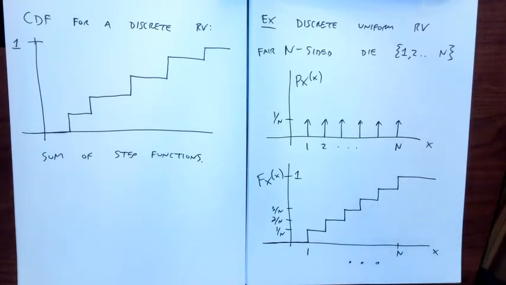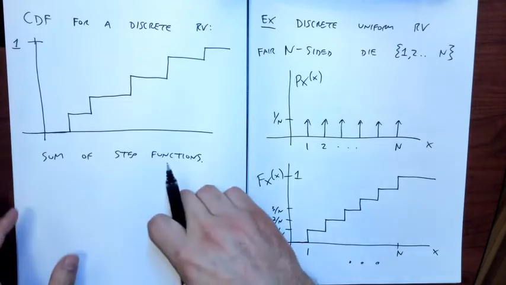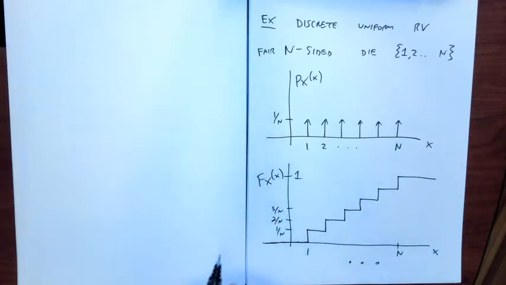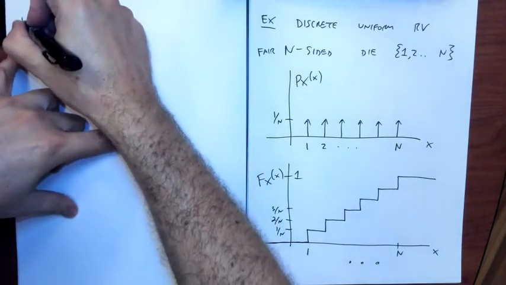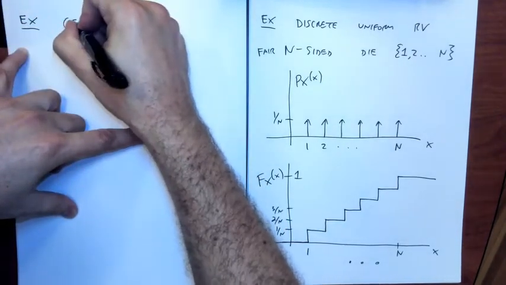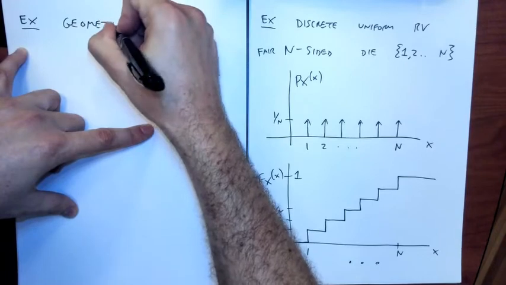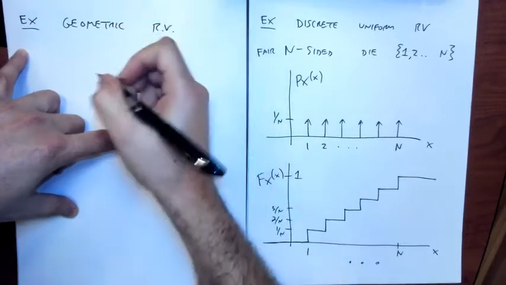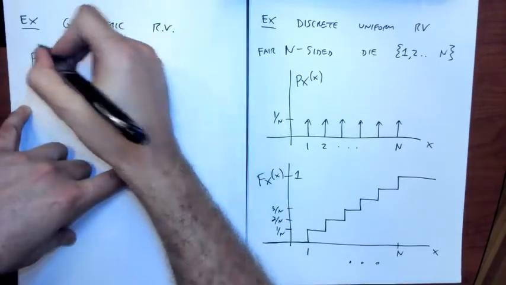Now, what if we have lots and lots of outcomes, the infinite outcome case, like the geometric random variable? So the geometric random variable, your old friend. Let's remember what our definition of that was.